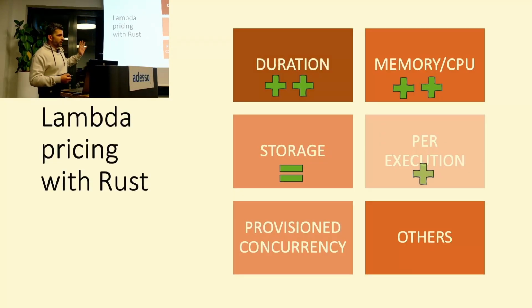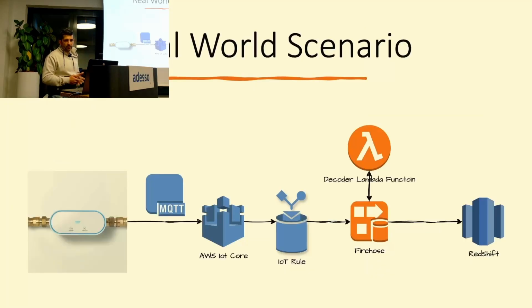The number of executions could go down because every run will take shorter, so you can have bigger batches and run them on Lambda. And of course, provisioned concurrency is something you have to do if you have slow languages and the initialization time takes long. With Rust, probably you won't need it. Again, another cost factor which is going down.